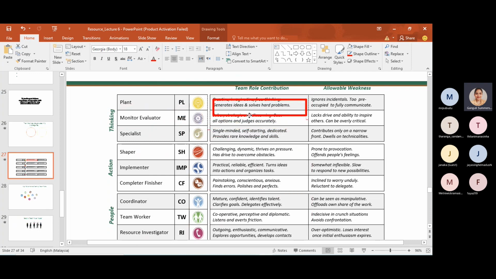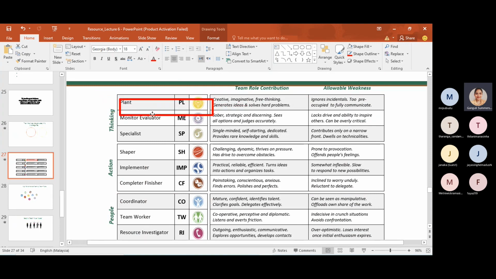So you can see a description about each role in the second column. And in the third column, you can see allowable weaknesses. The weaknesses that are allowable, the mistakes that you are allowed to make in the team.